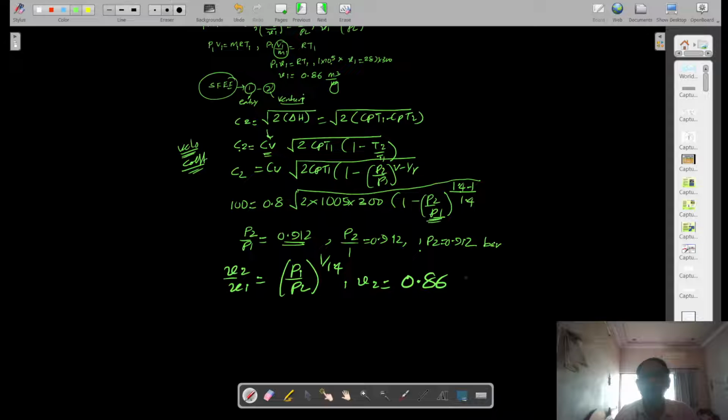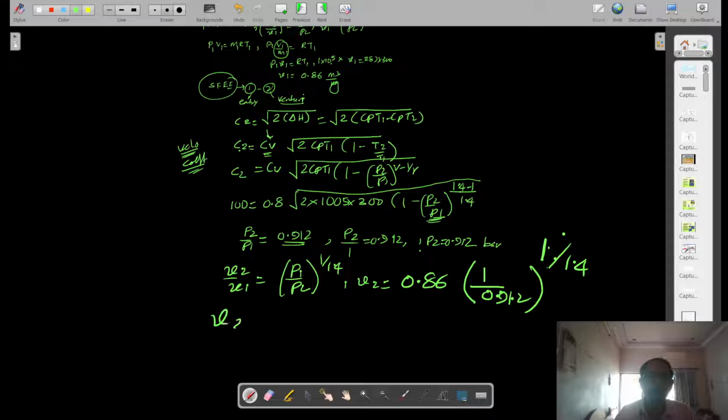Then P1 by P2 means this P1 is 1 and this P2 is 0.912, to the power 1 upon 1.4.